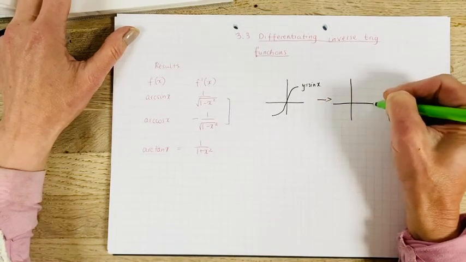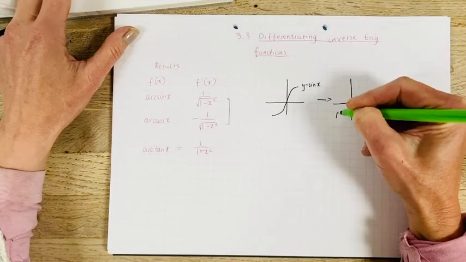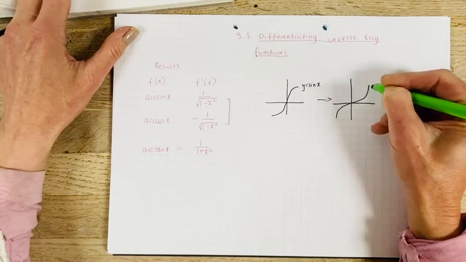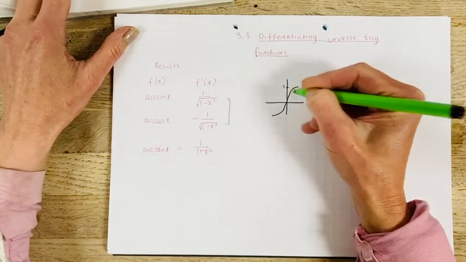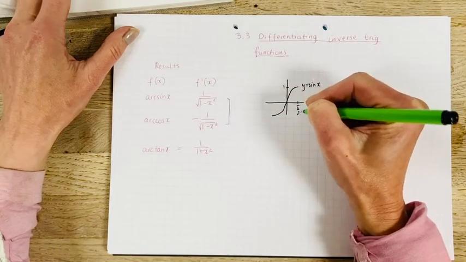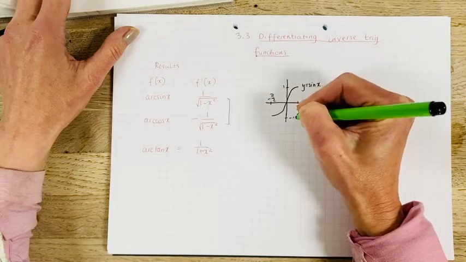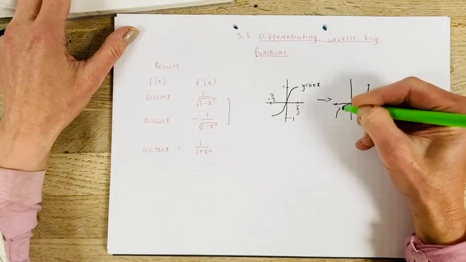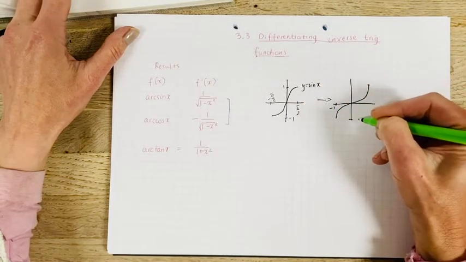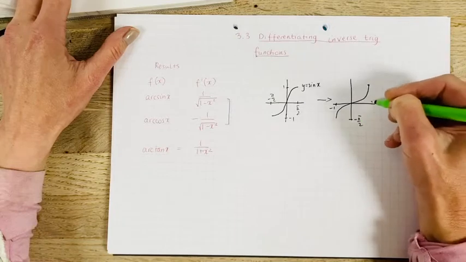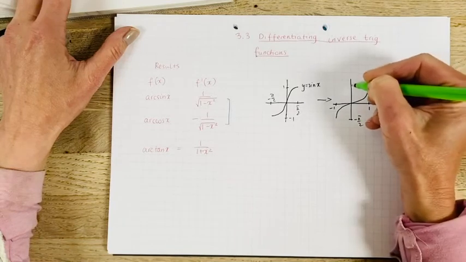So effectively you're going to get a shape like this. Normally you've got 1 here and pi over 2 here, minus pi over 2 here, and minus 1 here. This time they swap positions, so it's minus 1, minus pi over 2, and then 1, and pi over 2.